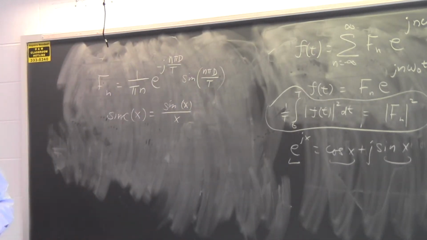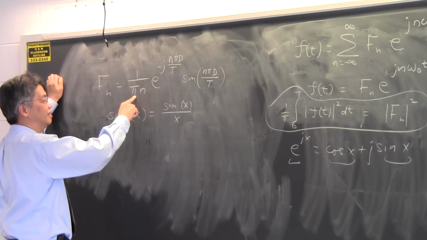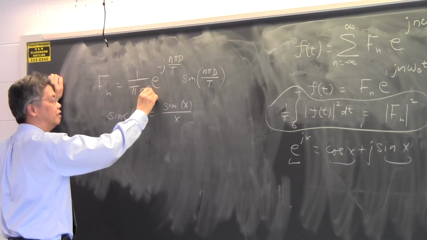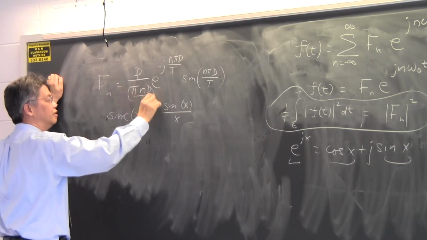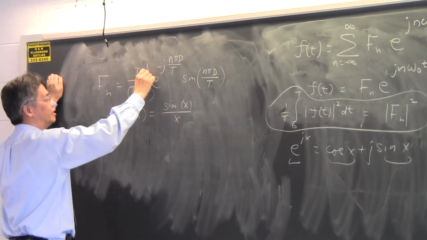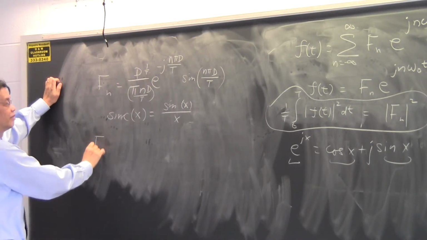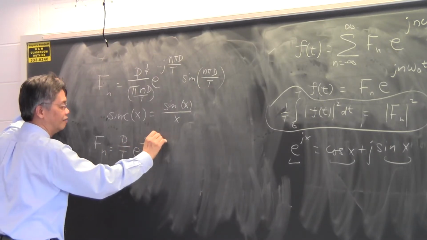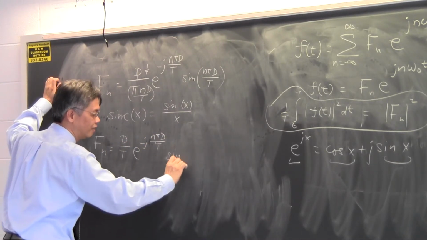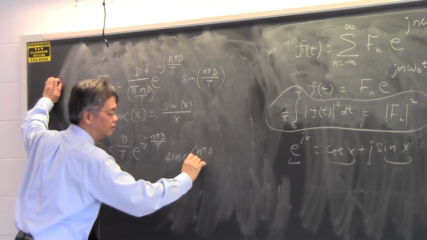Yes, engineers love this function. So we try to write this solution in terms of this sinc function. In order to do that, I have n and pi, so I have to put a D on the numerator, and then a T below, and then I have to put 1 over T above. So this can be written as f n is equal to D over T e to the minus j n pi D over T, the sinc function of n pi D over T.